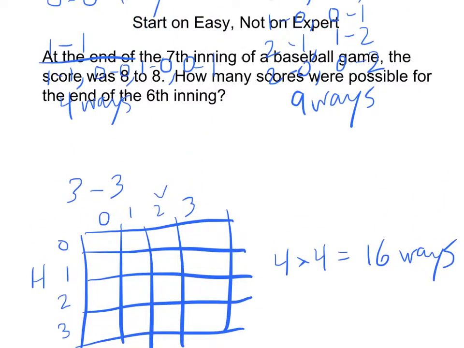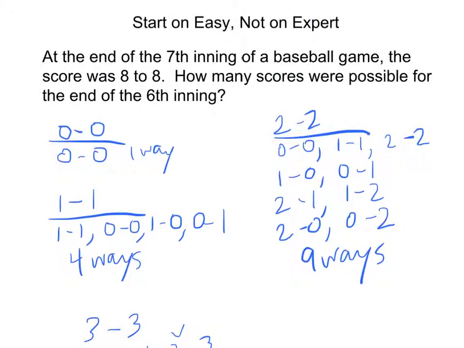Looking back, does this work? Well, yeah, we've got 2-2, we've got 3 possible scores, 0, 1, or 2, and we've got 3 times 3, or 9 ways. And for the 1-1, we had scores of 0 or 1, and 2 times 2 was 4 ways, and we only had 1 score. 1 times 1 is 1 way, so it looks like we take the number of scores possible and we multiply it by itself.